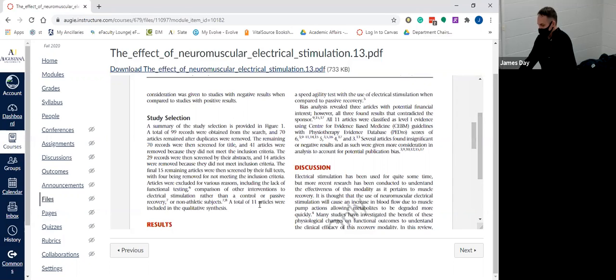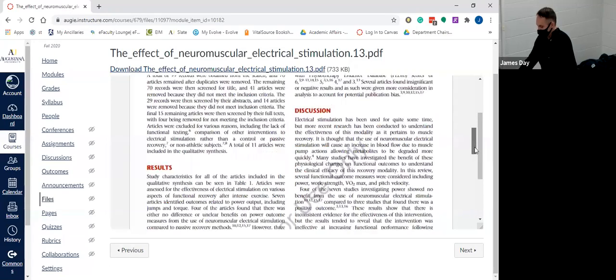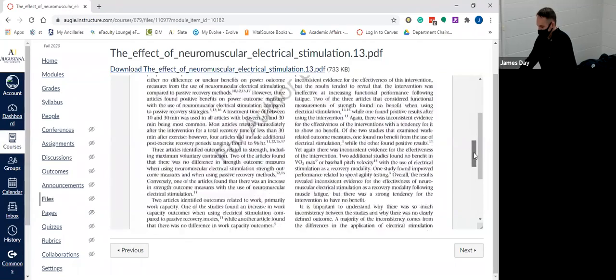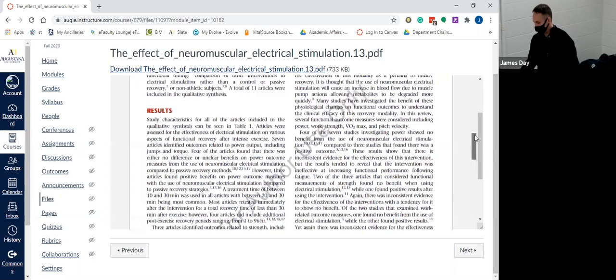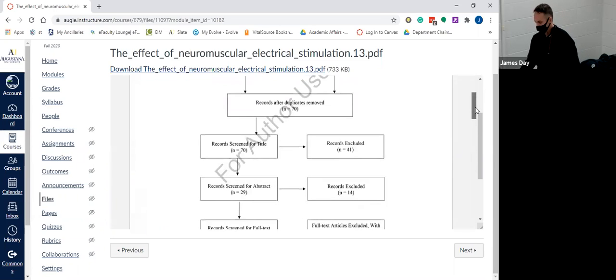And then a total of 11 articles for inclusion in the qualitative synthesis. That is the first paragraph of your results. All it does is explain your figure 1.